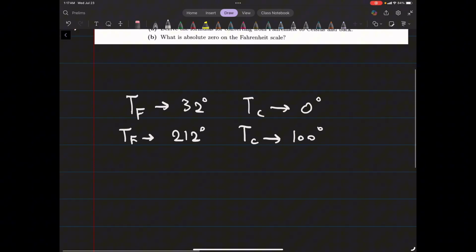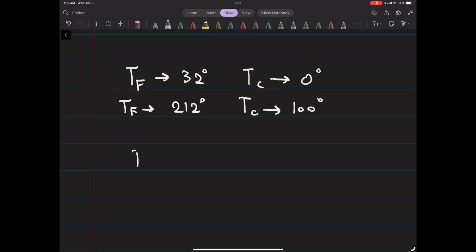Okay? So I'm going to say that the temperature in Fahrenheit is equal to some constant times the temperature in Celsius plus some y-intercept b.